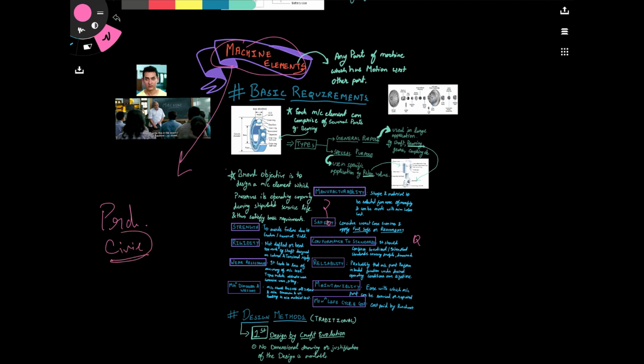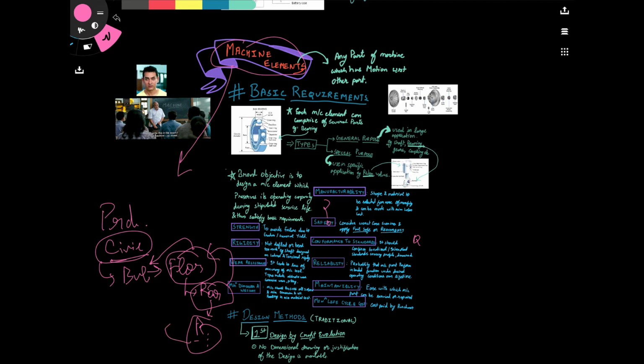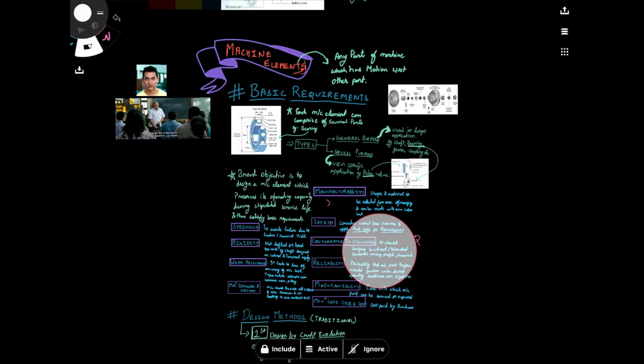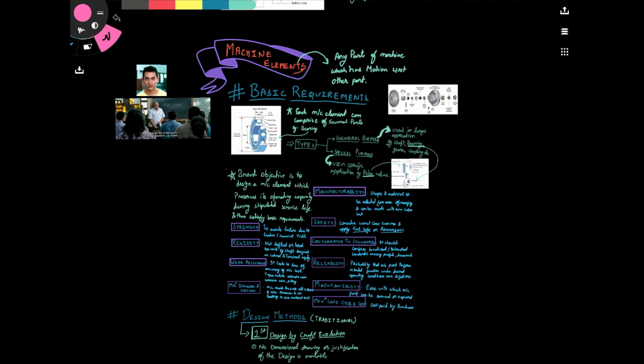How can a civil engineer relate to this? He has to make a building, let's say, and a building comprises different floors. The floors comprise different rooms, and rooms comprise different objects. So the floor is a civil element for the building, the rooms are the civil elements for floors, and the objects are the civil elements for rooms. So all these things can be related. I guess you are all capable enough to figure that out.